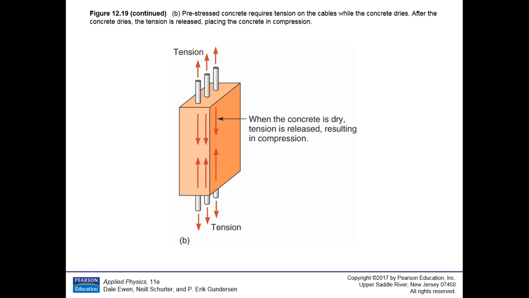That's the cast iron bridge. Now they're talking about what they call pre-stressed concrete. It requires tension in the cables while the concrete dries. After it dries, then the tension is released, placing the concrete in compression. And that's what they mean by pre-stressed concrete. It's an intentional thing to make the concrete tighter, stronger, and that type of thing.